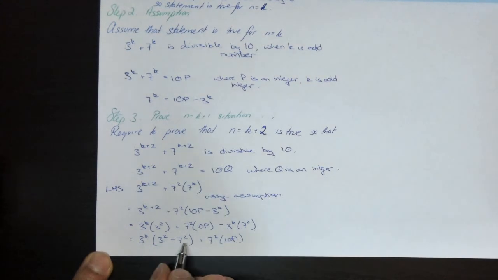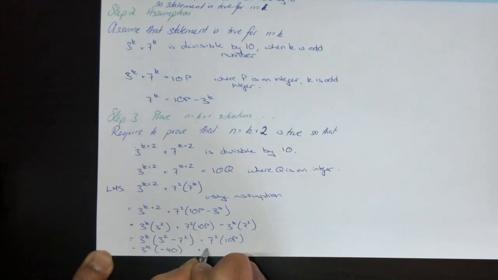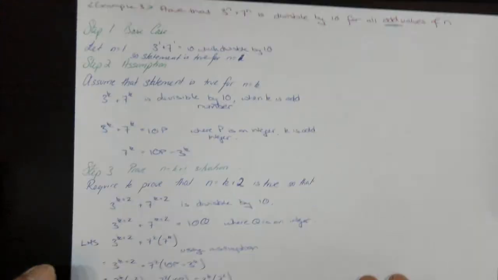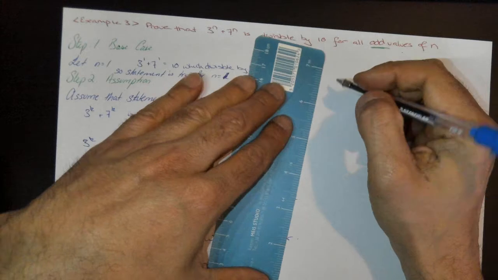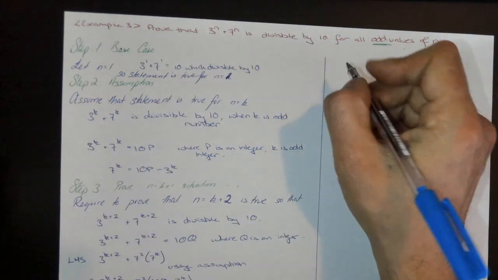So that's 9 minus 49, which is basically minus 40. And this still becomes 49, so that's 490p. So what we can now take out is a factor of 10.